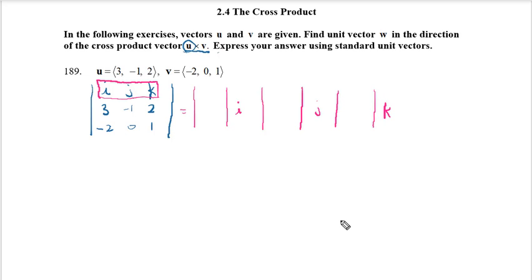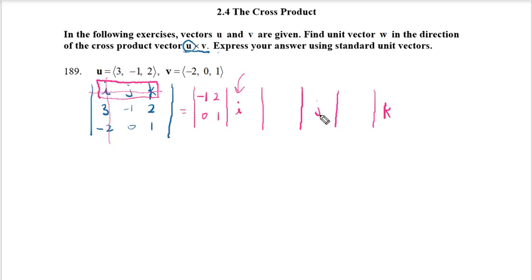And here's how we come up with that determinant. For the i here, we're going to imagine eliminating the top row and the first column where the i is. The four numbers that are left, negative 1, 2, 0, 1, is our new determinant.